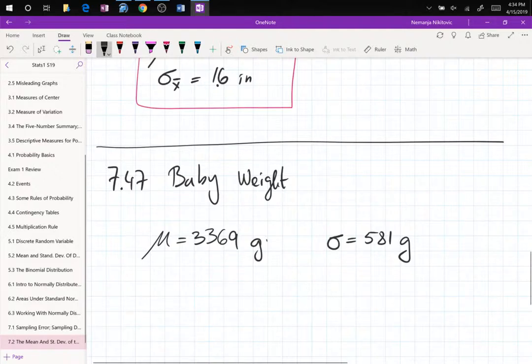So these are all population data points.